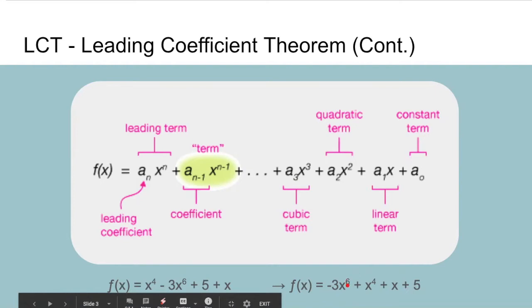And we can see that the highest degree is 6, so this would be the degree of the polynomial, so it would be even. And the leading coefficient is -3, which means the leading coefficient is negative. So for this polynomial, the right side and left side are both pointing downwards.